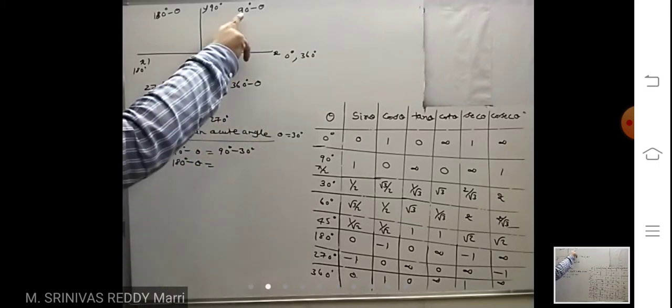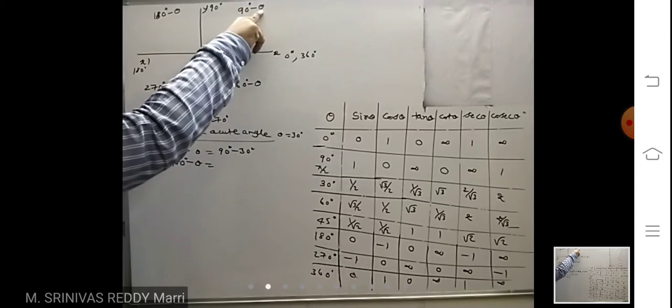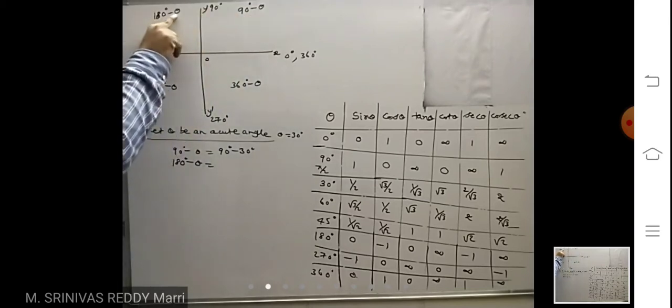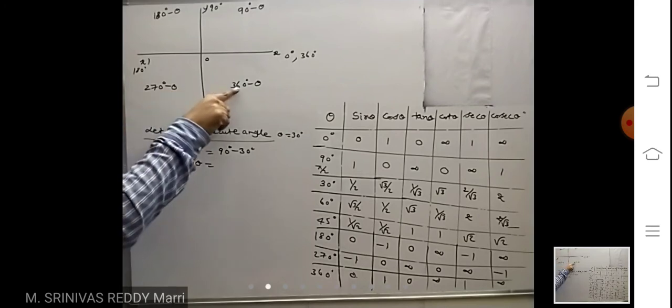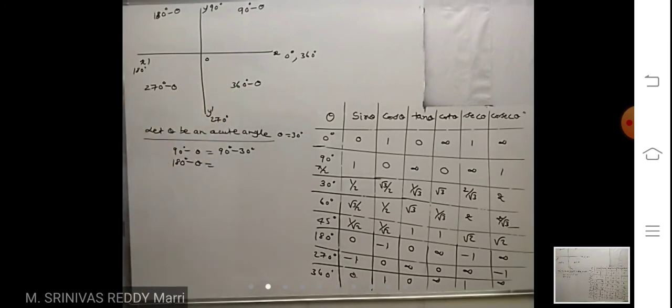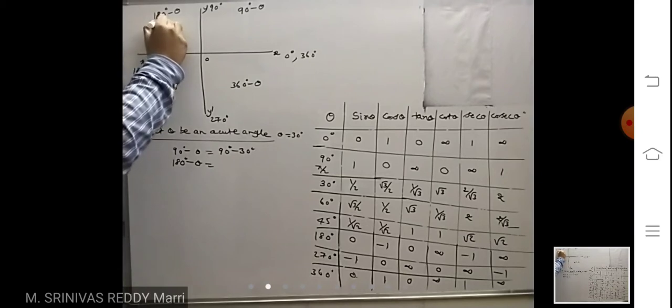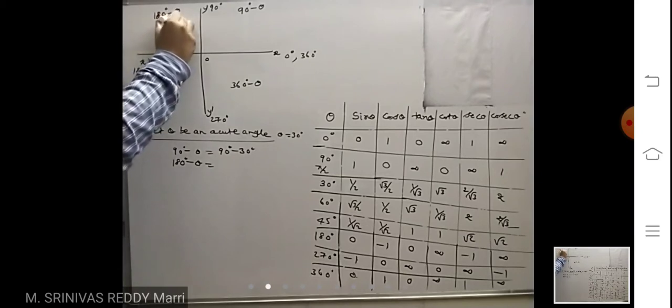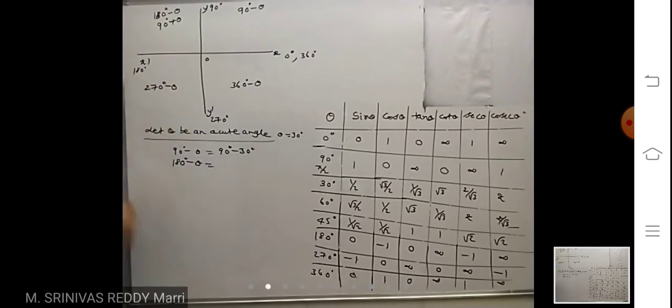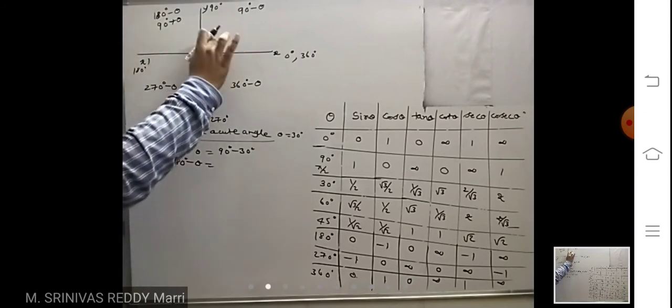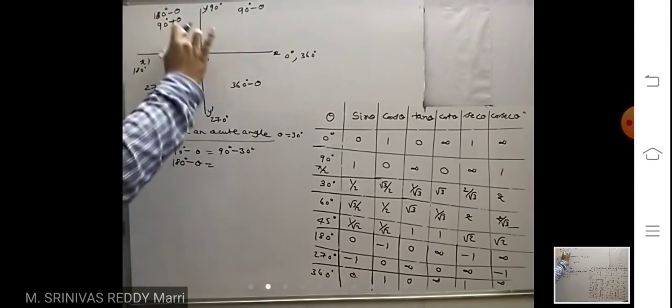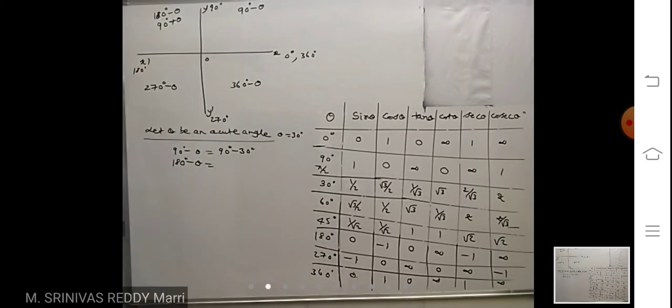In the first quadrant, the angle will be of the form 90 minus theta. Second quadrant, 180 minus theta. Third quadrant, 270 minus theta. Fourth quadrant, 360 degree minus theta. Or you can also write 180 minus theta or 90 degree plus theta, because look, this is 90. 90 plus theta, where will it lie? Here only.